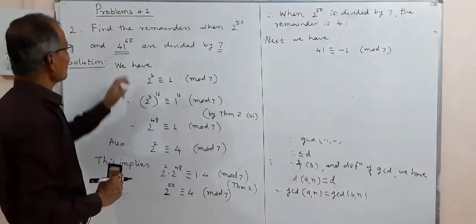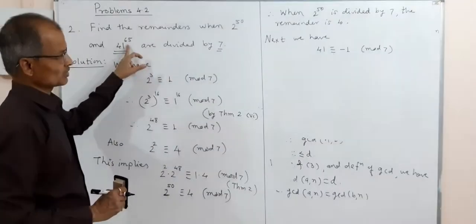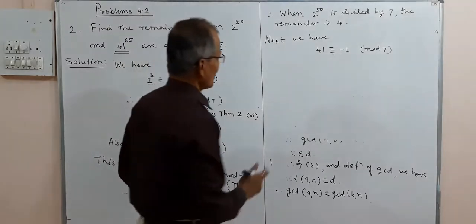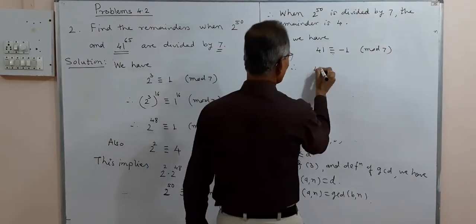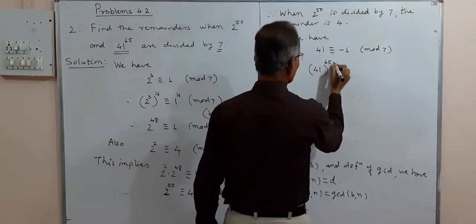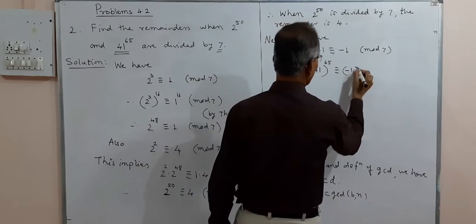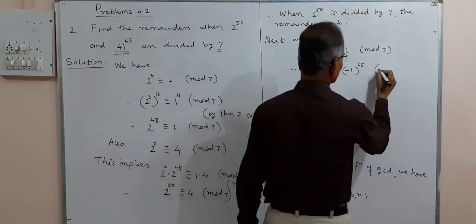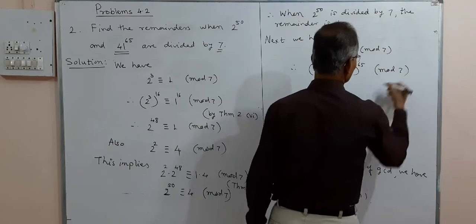Now we raise both sides to the power 65, and therefore 41 to the power 65 is congruent to minus 1 to the power 65 under the same mod 7.